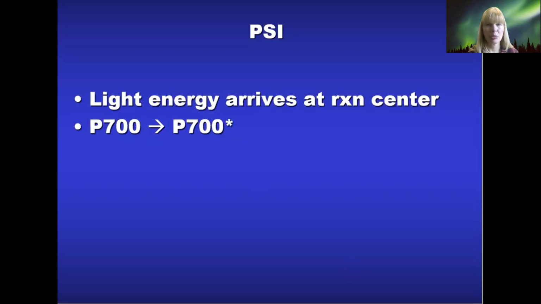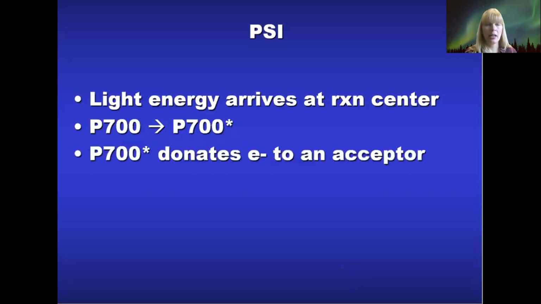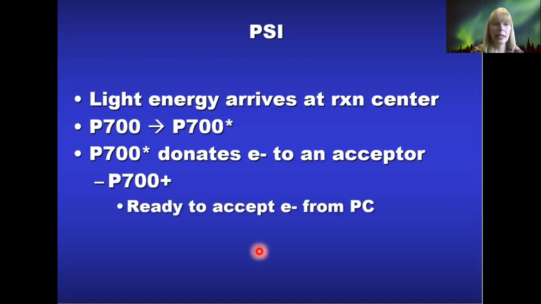That electron has been boosted. And if everything is going okay, then that excited electron can be donated off to an acceptor molecule. Then you would write it as P700 plus, which tells me you know that chlorophyll donated off its electron. So now it has a positive charge, which means it's ready to accept an electron from plastocyanin.